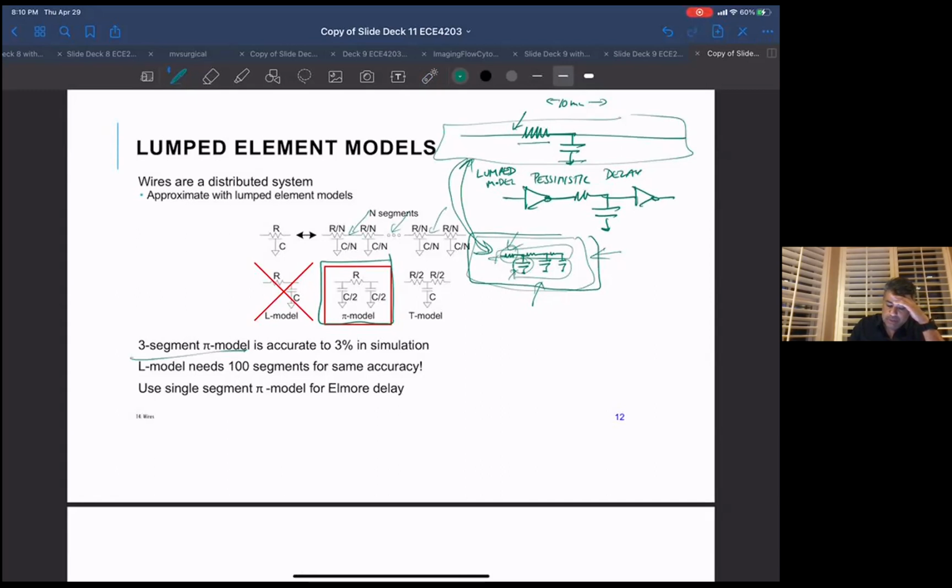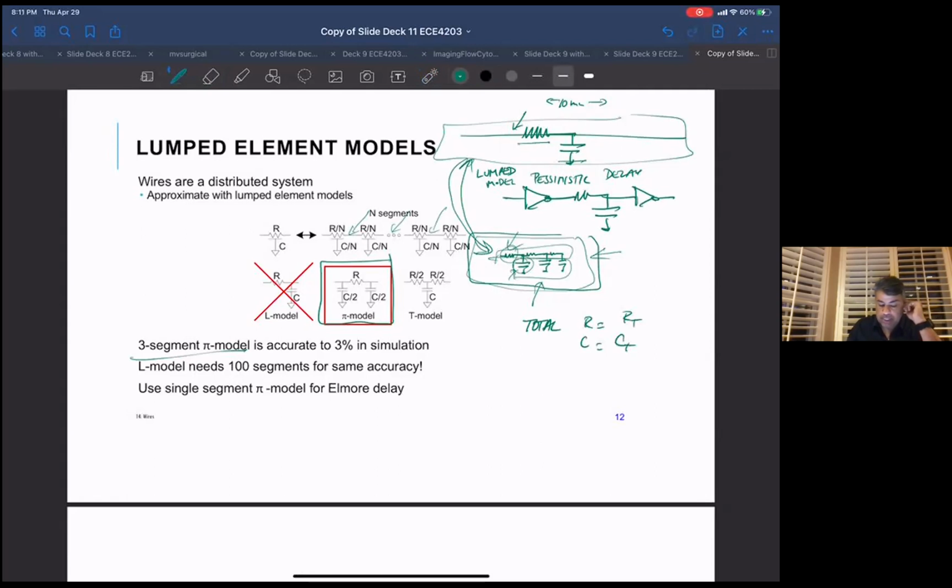So what does a 3-segment pi model mean? Let's say you find that the total resistance is R and total capacitance is C. Or let's call it R sub T, and total C is C sub T.